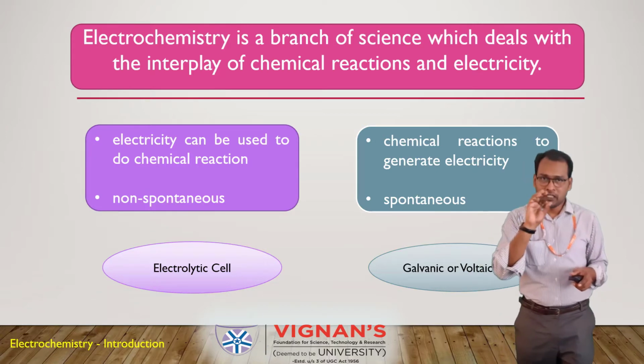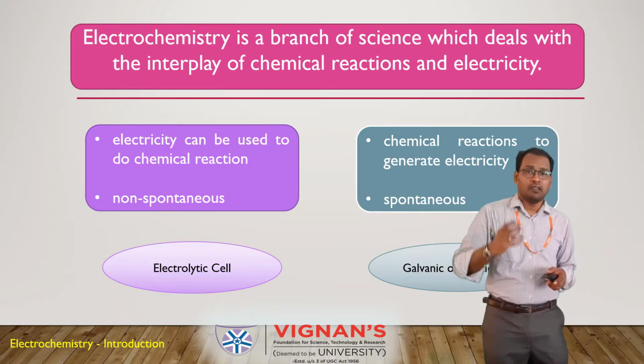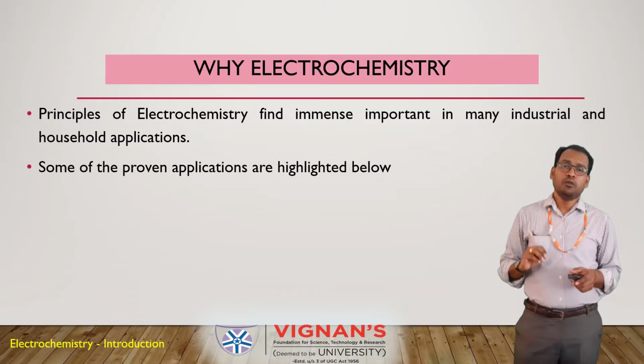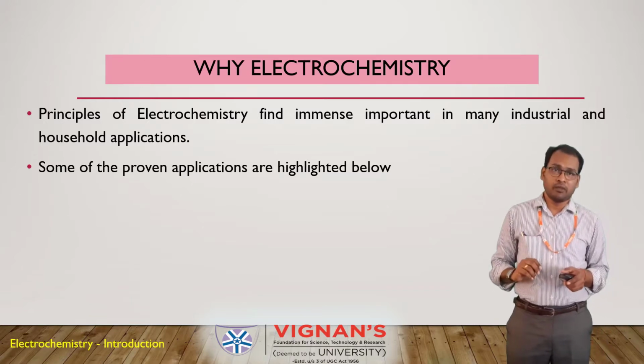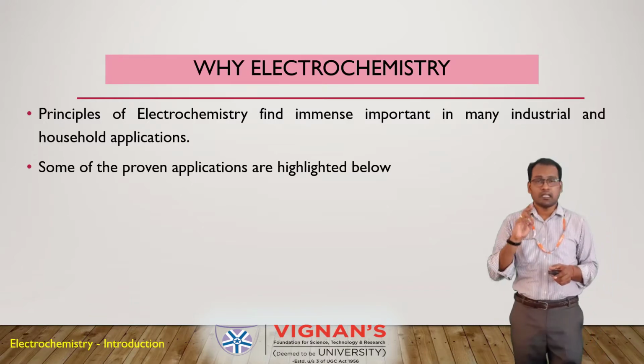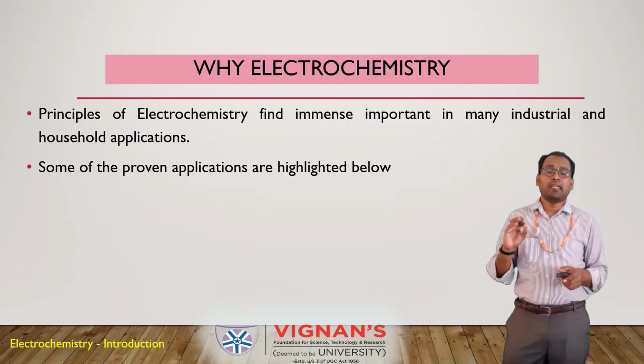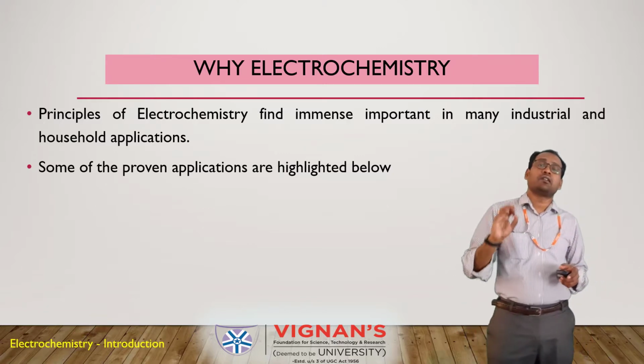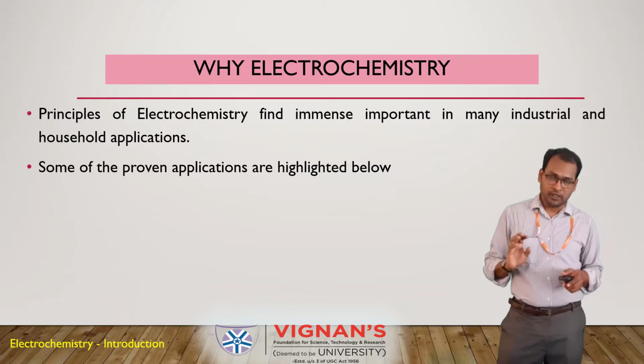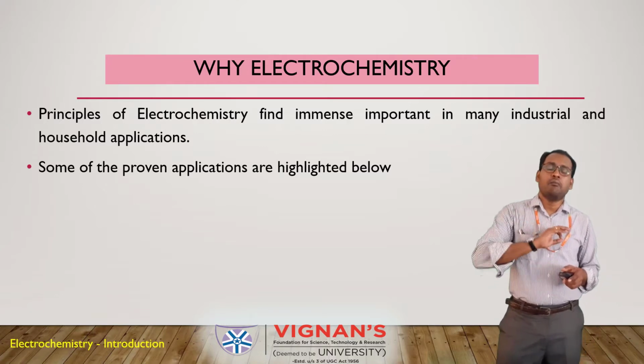Okay, right. So with this small introduction, we have to think about the need to study this electrochemistry. Because as I said in the introduction, electrochemistry finds application in most of the industrial as well as household applications. Right? It finds use in most of the fields.